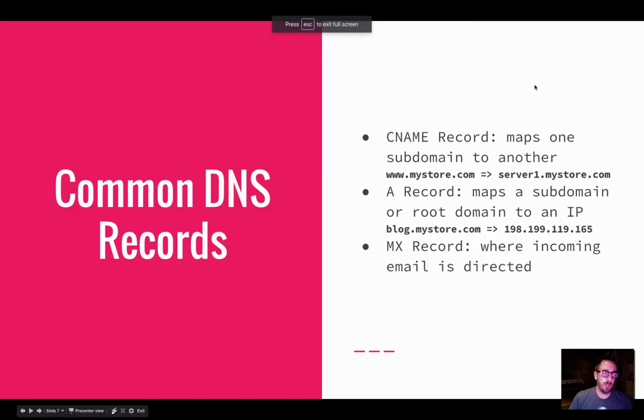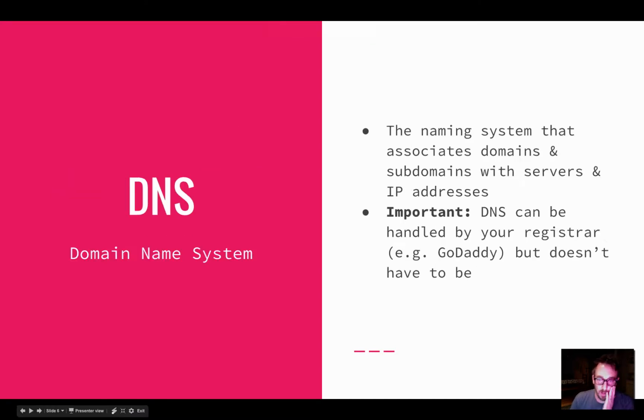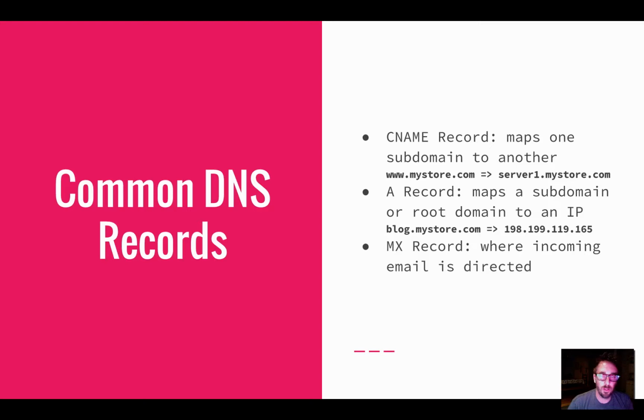So here are some common DNS records that it's important to know about. I'd say these are the three most important. The first is called a CNAME record, and that simply maps one subdomain to another subdomain.